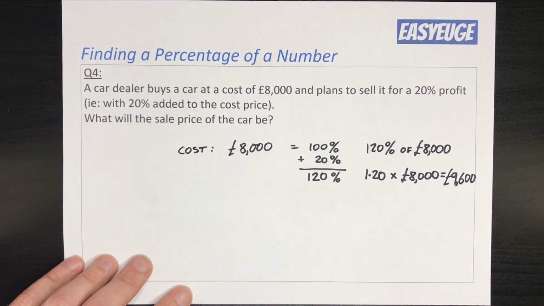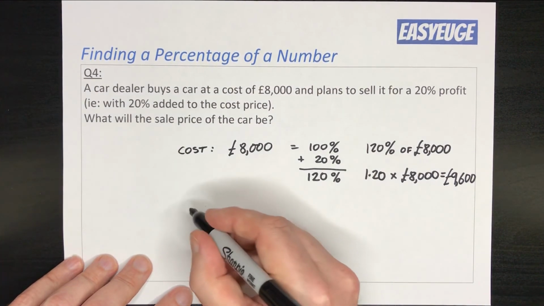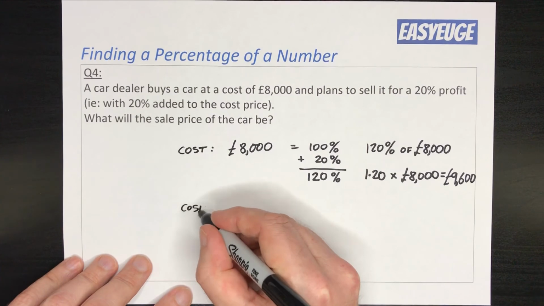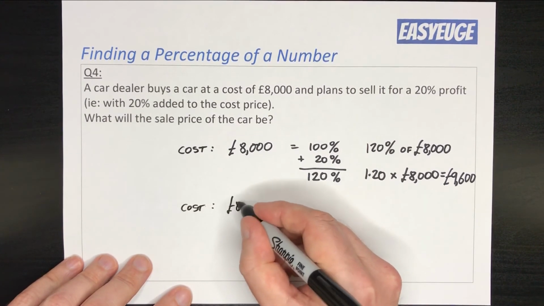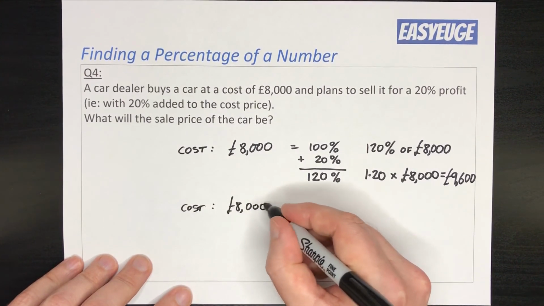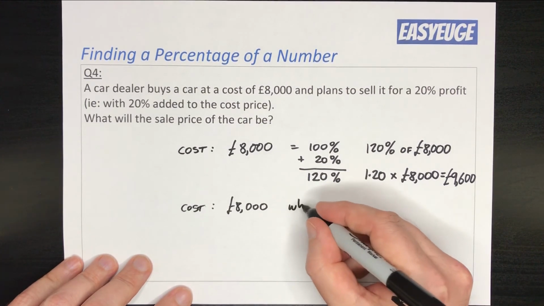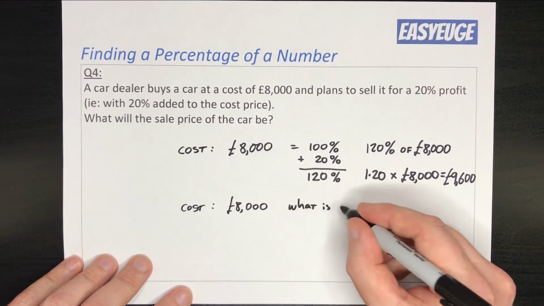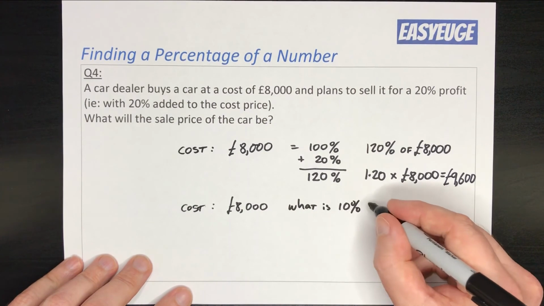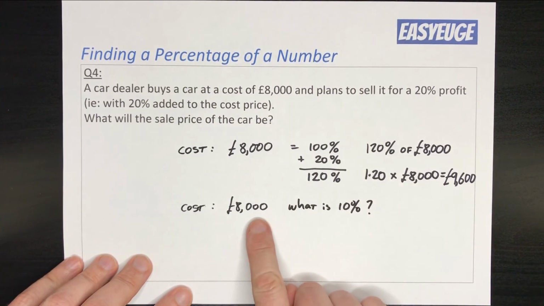Okay, there's another way to work this out. Let's have a look at the cost again. The cost is 8,000. I want to show you this example as well. So we would use this if you weren't allowed to use a calculator. So let's work out what is 10%. Remember we did this earlier. What is 10% of 8,000?